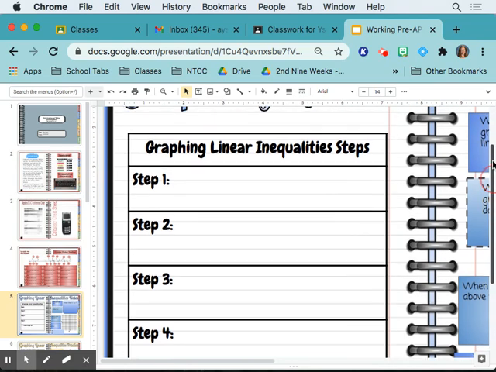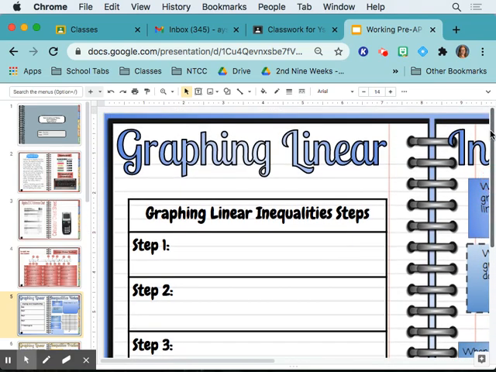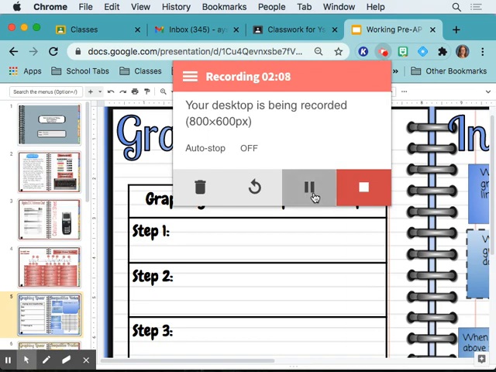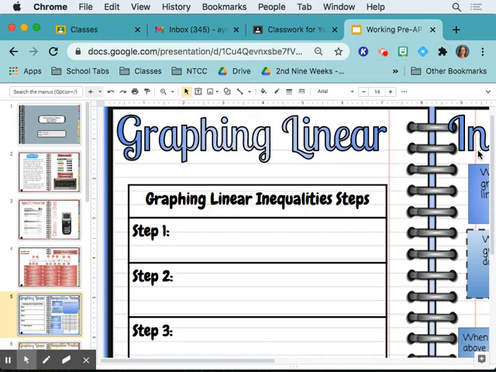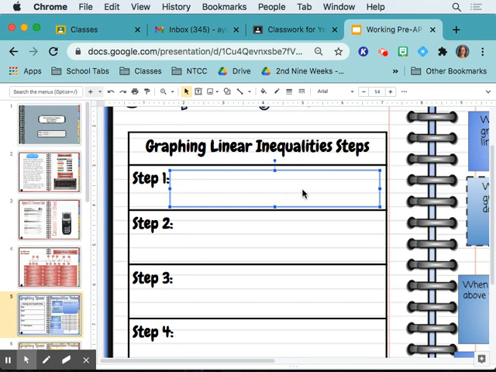Okay, so graphing linear inequalities, the steps. First step is you are going to solve the inequality for y, just like you would with equations.